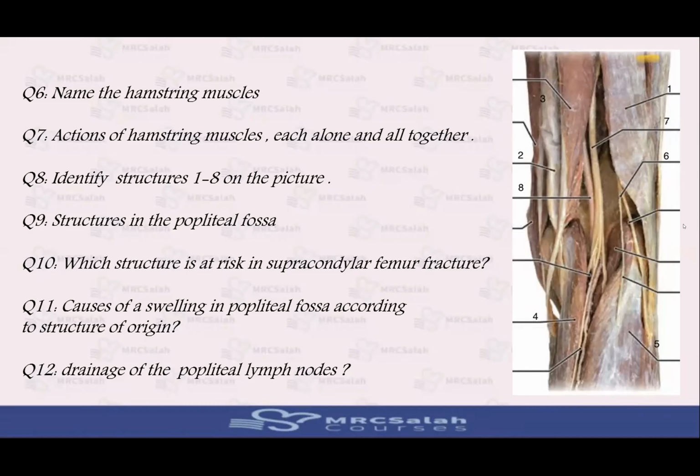Can you identify the structures in this picture from 1 to 8? Yes, I could try. We're looking at the back of the leg. Number 1 should be the semitendinosus.